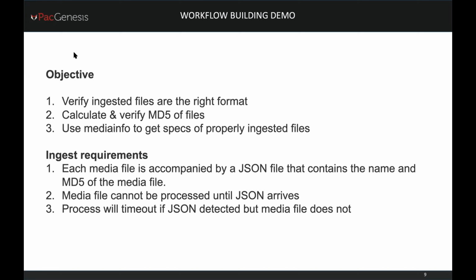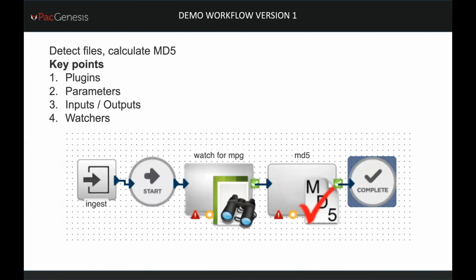So the best way to build workflows is to break them up into smaller pieces. Don't try to build the entire thing all at once. So the first workflow I'm going to build, I'm just going to look for files and calculate their MD5s.